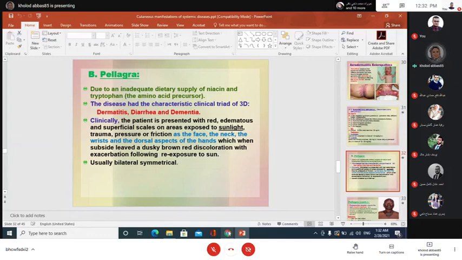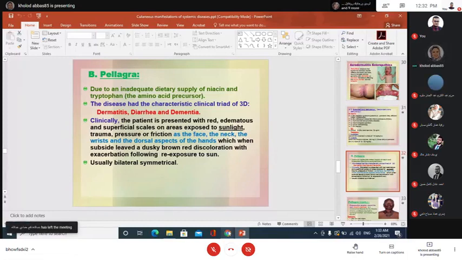Red edematous superficial scales on area exposed to sunlight; trauma, pressure, friction also can help with the involvement of the disease. Distribution مالتها usually on the face, neck, wrist, dorsal aspect of the hand, يعني in sun exposed area.